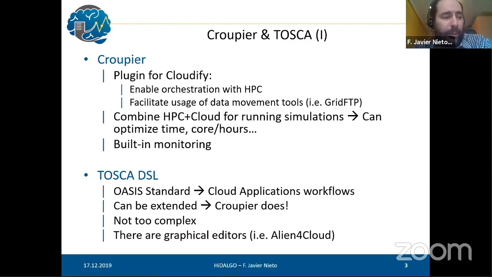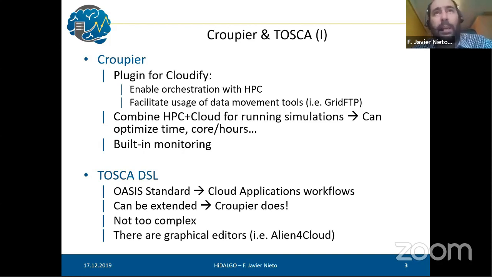So now we are able to send jobs to systems which are managed by workload managers like Slurm and Torque. Okay, and we are also including capabilities to use HPDA systems based on Apache Mesos. Another thing that we have been including over time is some support for data movement.